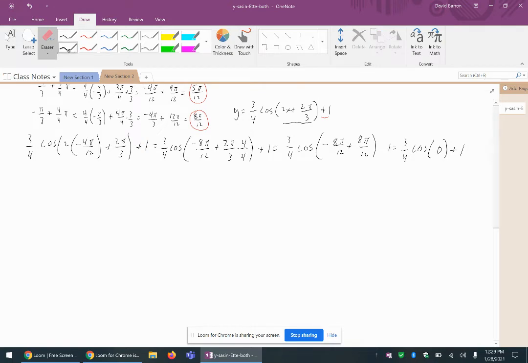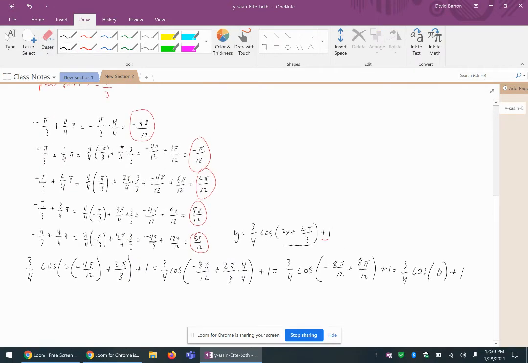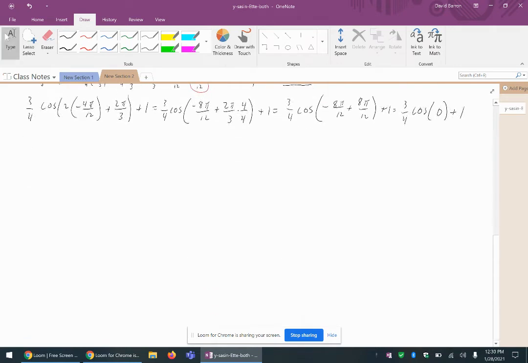And let's continue with the second point, negative pi over 12. One thing I'm going to do here is be a little bit clever. I noticed that over here I'm going to be in twelfths, and here I'm in thirds, but I already found the common denominator for the 2 pi over 3 up here.